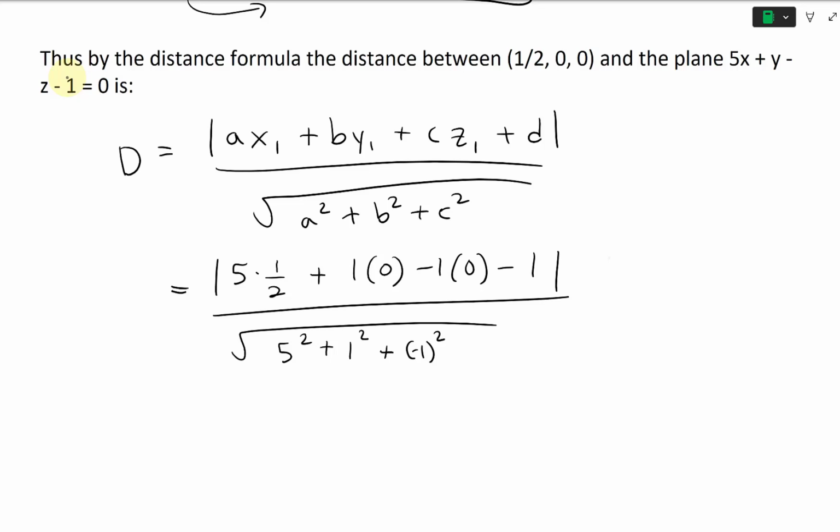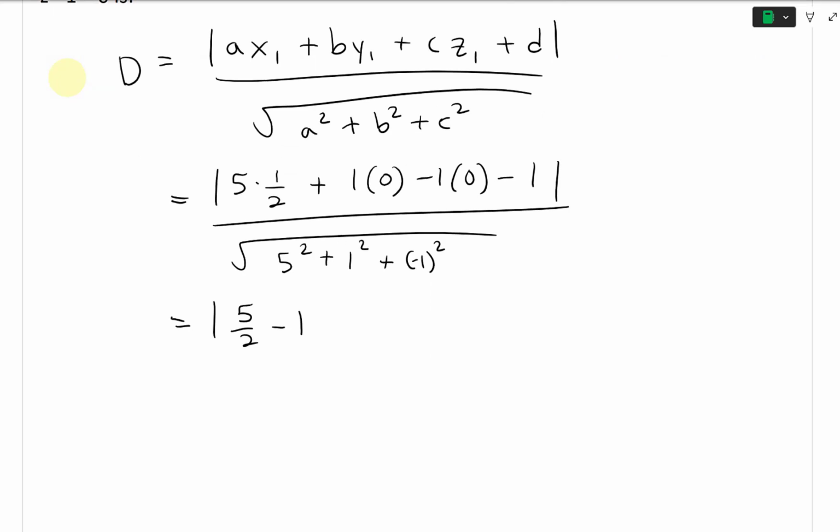So we end up with 5 over 2 plus 0 plus 0 minus 0 minus 1. Since 5 over 2 is bigger than 1, we can just remove the absolute value sign. The denominator is the square root of 25 plus 1 plus 1, which is 27.